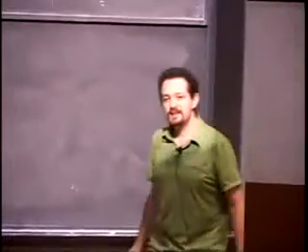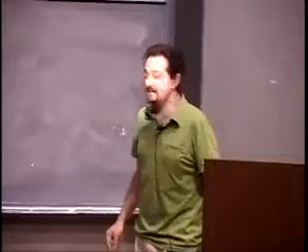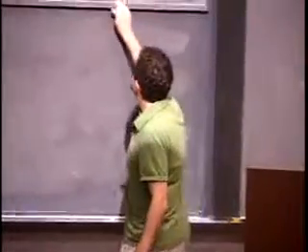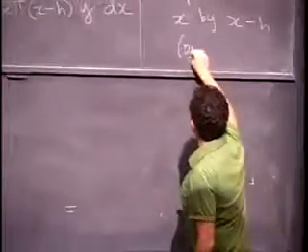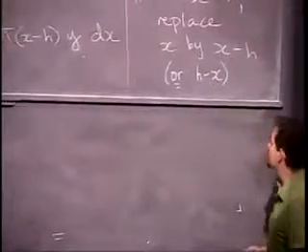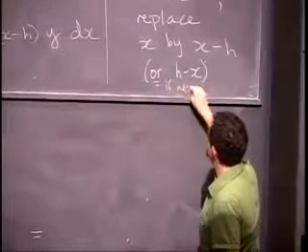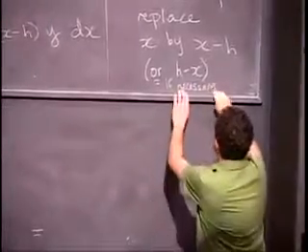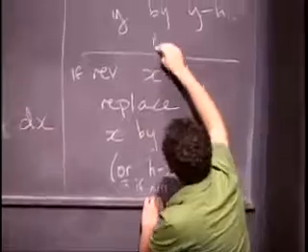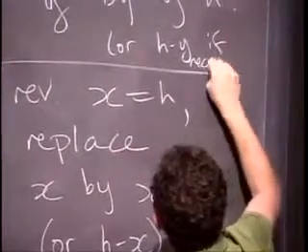Now, there is one important exception to what I've just said, and that is this. I should have really written or h minus x if necessary. And similarly up here, or h minus y if necessary.